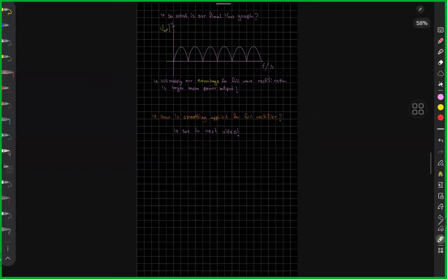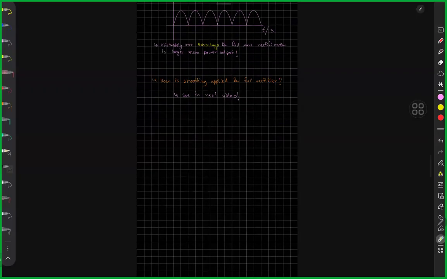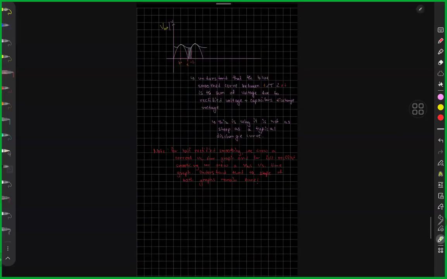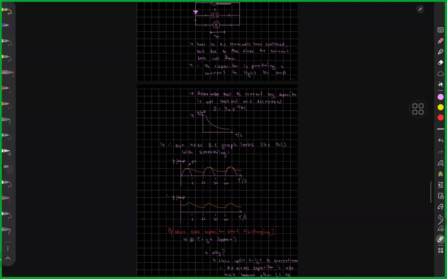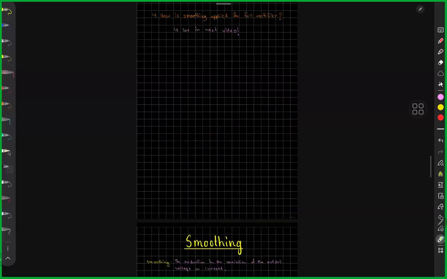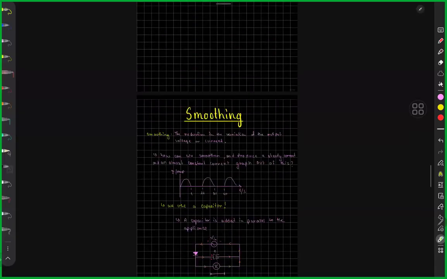Now, we are almost towards the end of the entire alternating current chapter. We do have smoothing, but that is pretty much it. Now I'm going to talk about smoothing.